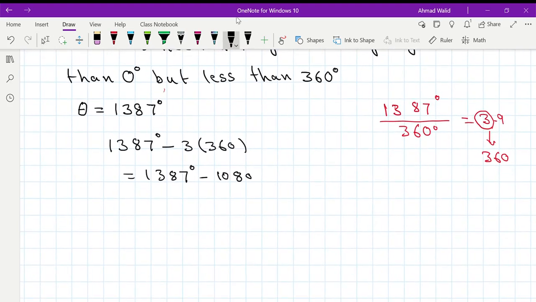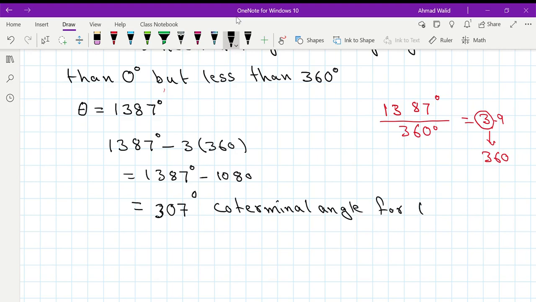And if I subtract, it gives me 7 minus 0 is 7, 8 minus 8 is 0, and 3 minus 0 is 3, 307. That is the coterminal angle for which angle? 1387. That's your step 1.